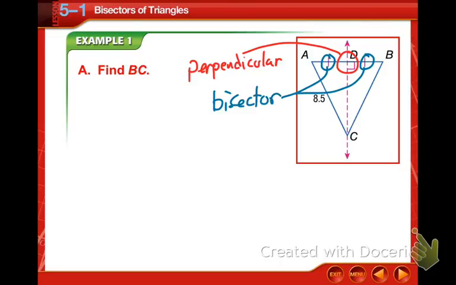So it is the perpendicular bisector. You put those together. So since that is the perpendicular bisector, C is on the line with D, and that means that AC is congruent to BC. So AC is equal to BC, and if AC is 8.5, that's equal to BC as well.